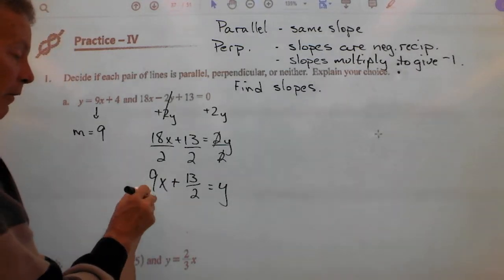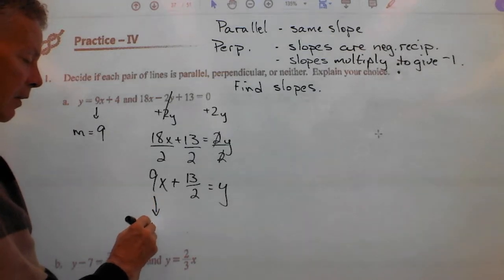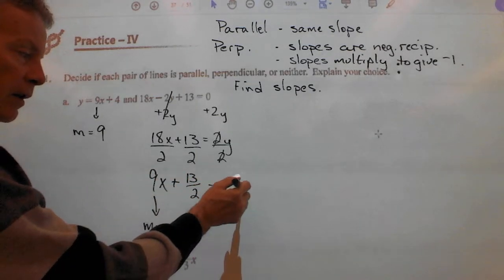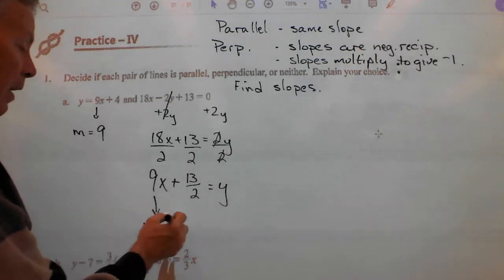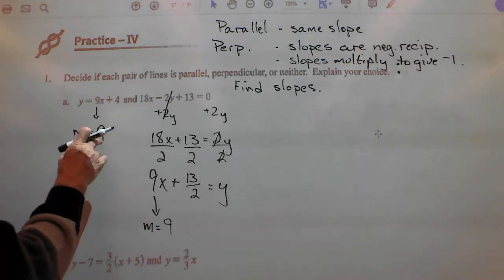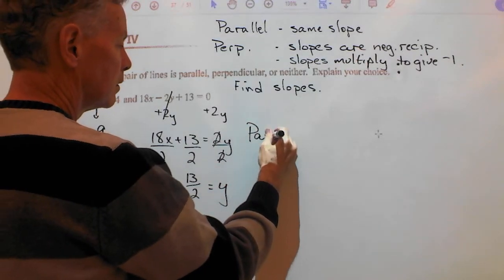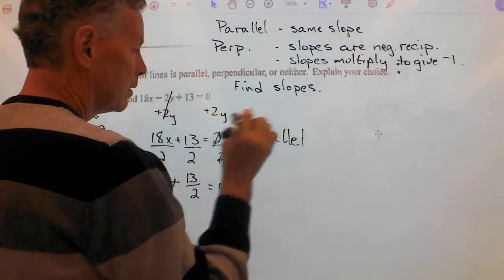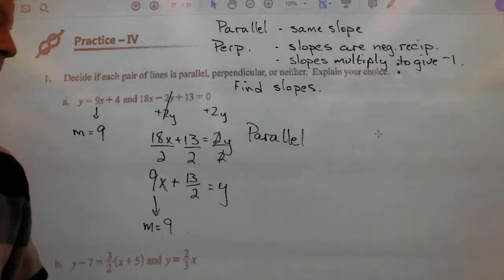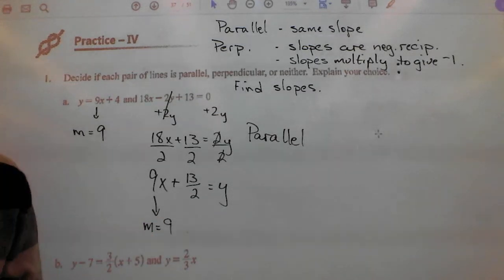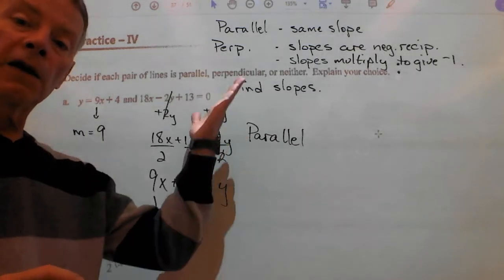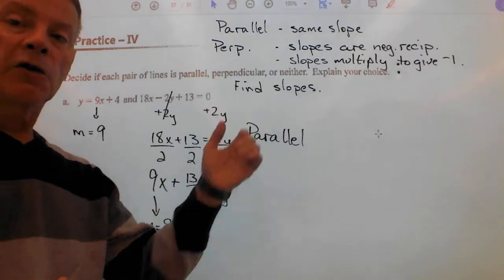The coefficient of x, again, gives us our slope, because now it's in slope-intercept form. And that gives us a slope of 9. Well, slope of 9, these guys are parallel, okay? Because they have the same slopes. That means they have the same steepness, same direction.